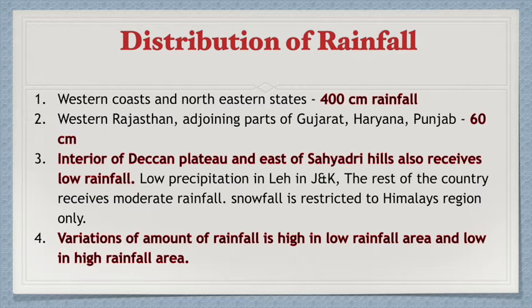The interior of the Deccan Plateau and east of the Sahyadri Hills also receive low rainfall. Similarly, low precipitation is observed in Leh in Jammu and Kashmir, and the rest of the country receives moderate rainfall. Snowfall is restricted to Himalayan regions only, whereas other regions receive rainfall in the form of water. Variation in the amount of rainfall is high in low rainfall areas and low in high rainfall areas.